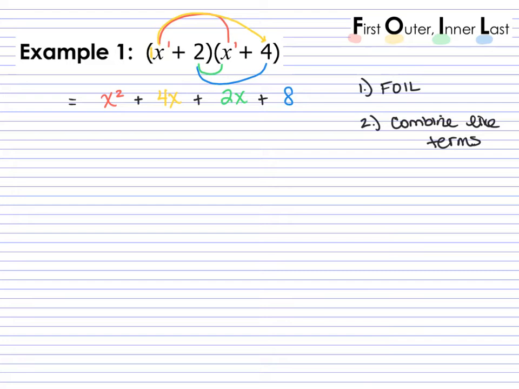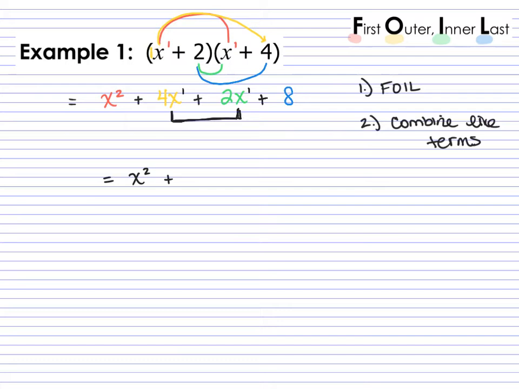They have to have the same variable, and they have to have the same exponent. The two terms that we can combine here are 4x and 2x, because the variables are the same and they have the same exponent, both an exponent of 1. So when we bring this down, the x squared can't get combined with anything, so that stays by itself. Then we get plus.